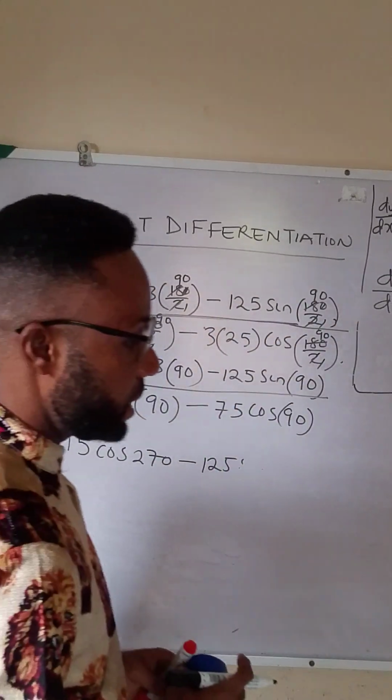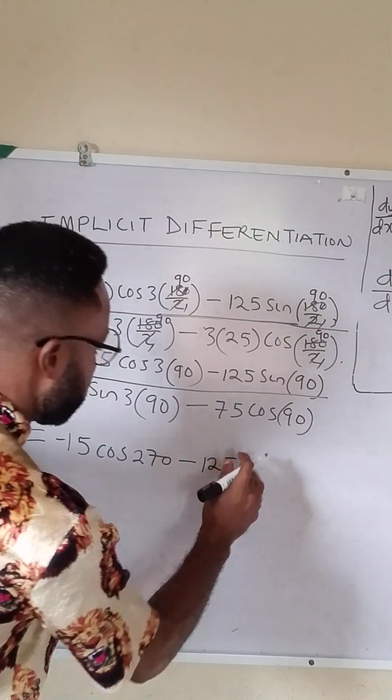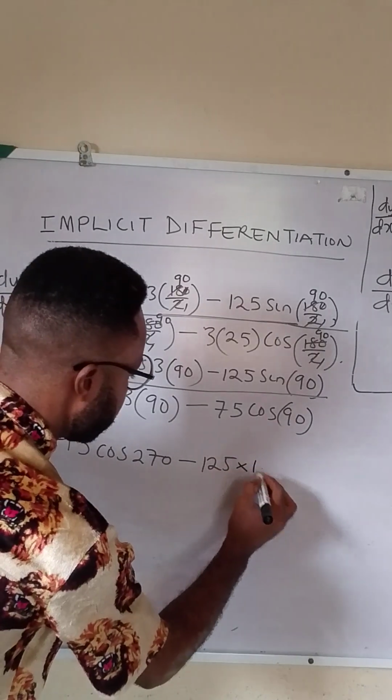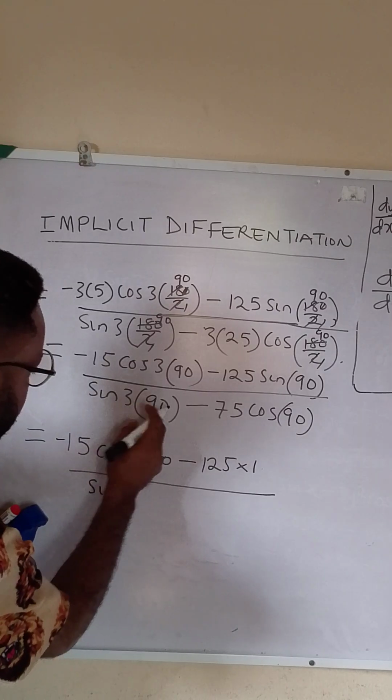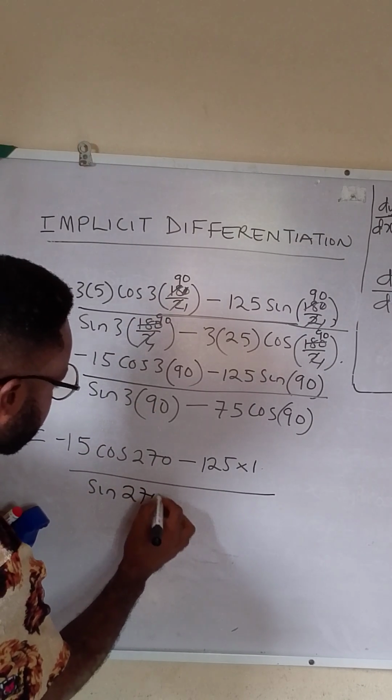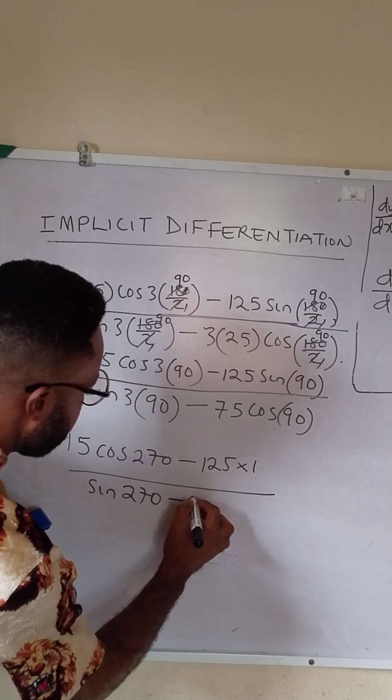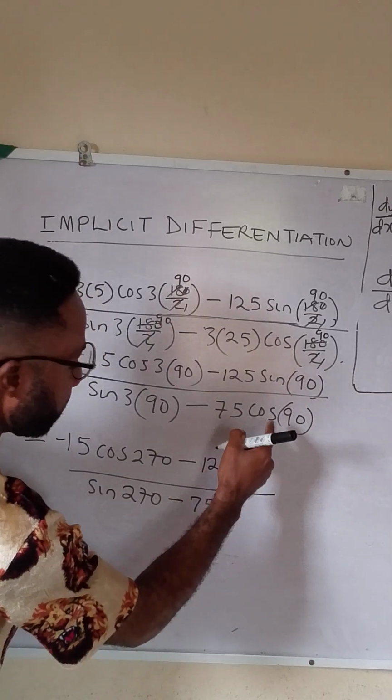The value of sine 90, if you punch your calculator, is 1. So we have times 1, divided by sine of 3 times 90, which is 270, minus 75 cos 90.